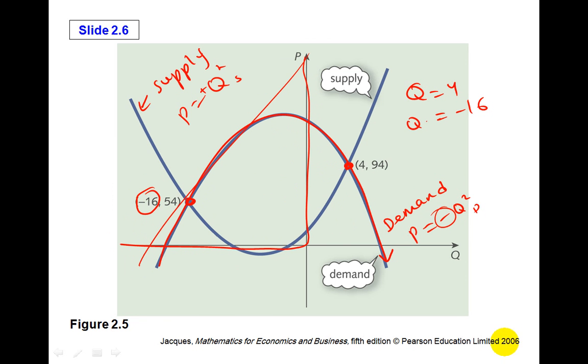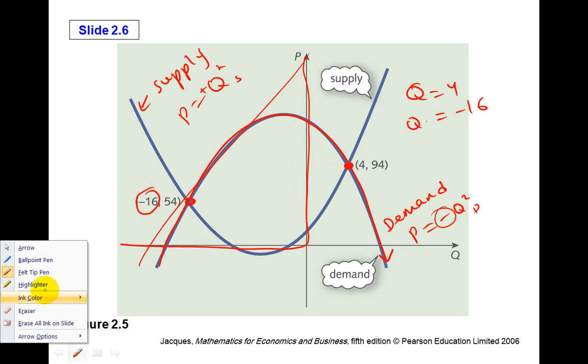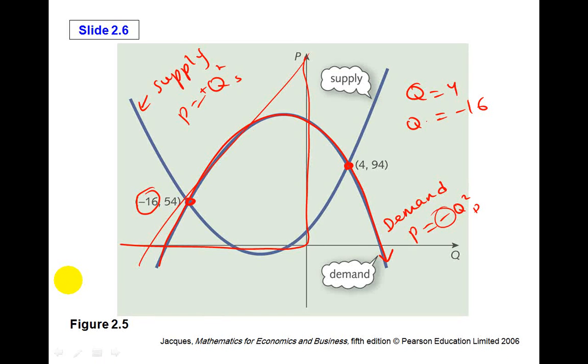So once you are asked which part of this graph is the right equilibrium, you consider only the positive part.